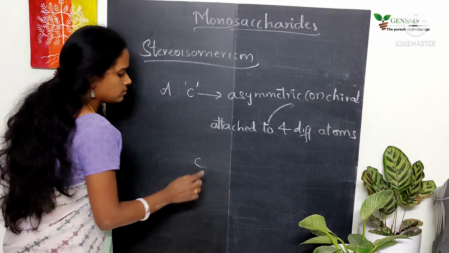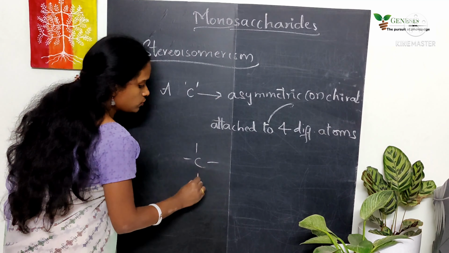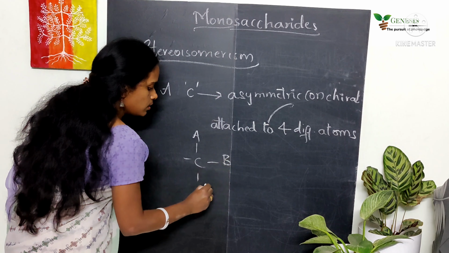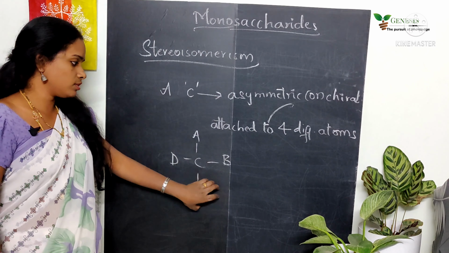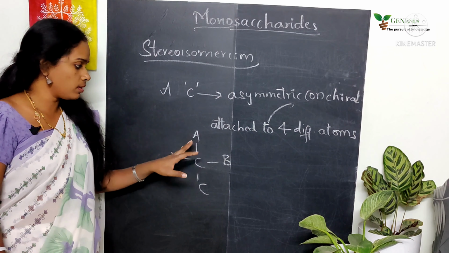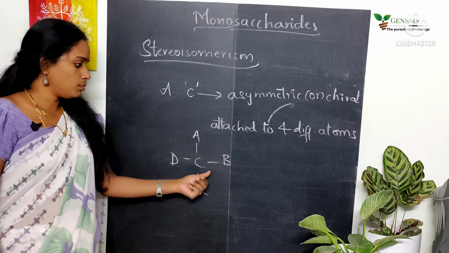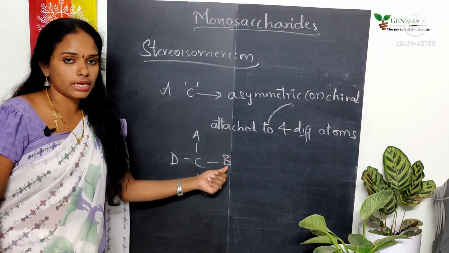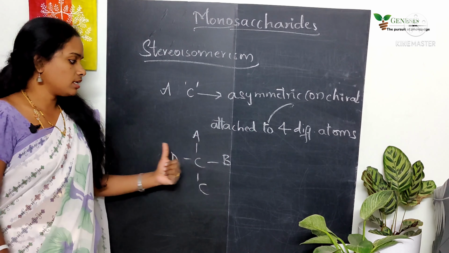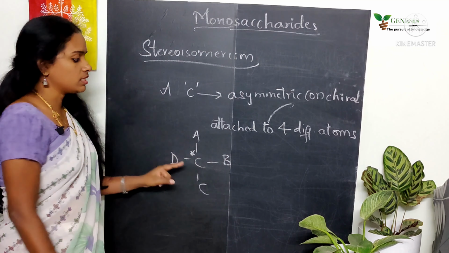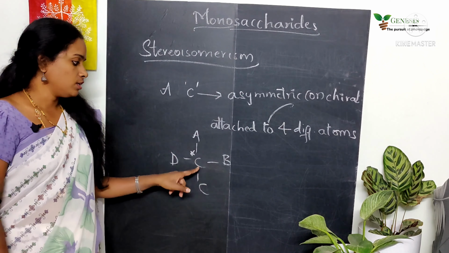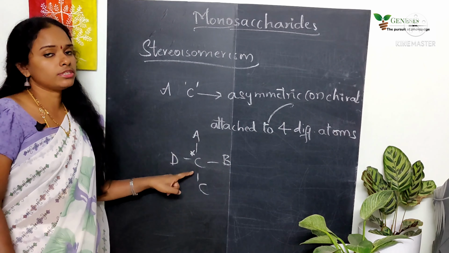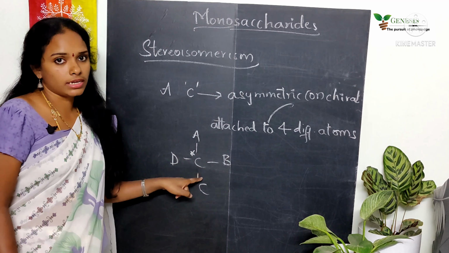For example, this is the carbon which is attached to four different compounds like A, B, C, D. So all these atoms or molecules or the compounds are totally different from one another. So the carbon which is attached to four different atoms or groups is said to be an asymmetric carbon because all of them are not same. They are different. So that carbon is said to be asymmetric carbon atom or chiral carbon atom.